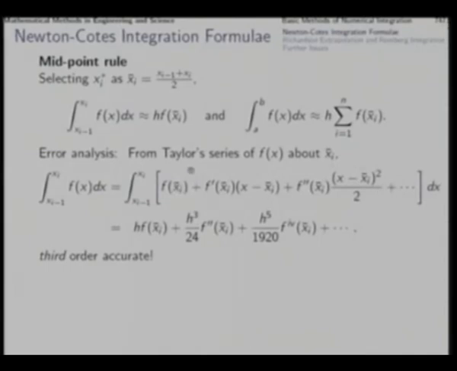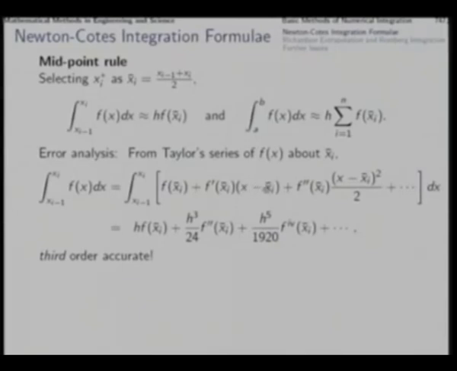Now, the correct integral of this Taylor series would be, this is constant into h, where h is x_i minus x_{i-1}, that is the size of the interval, plus, now note, what will be the integral of this? This is a constant number, and the integral of this will be (x minus x_i bar) whole square by 2, but then that is whole square.